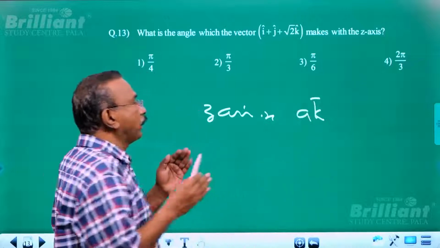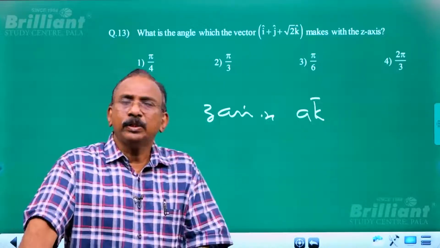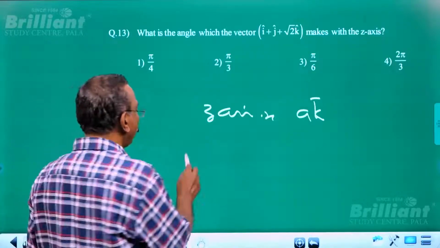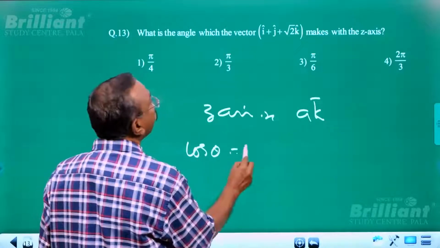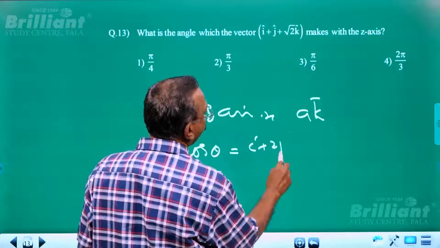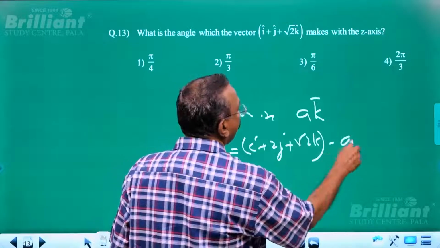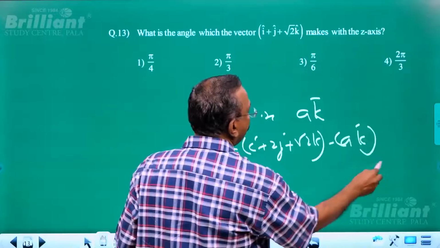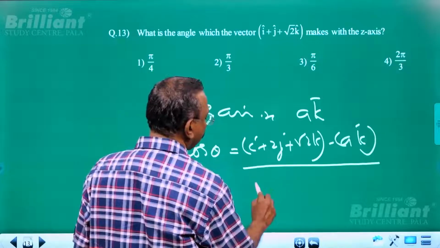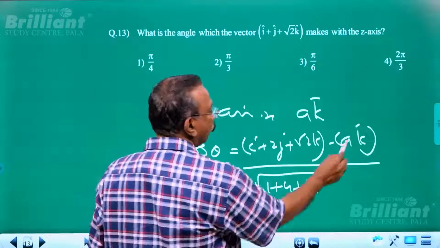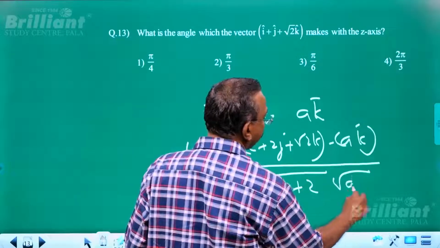So this is a vector along the z axis. You just find the angle between this and a k. So cos theta is equal to (i plus 2j plus root 2k) dot a k, divided by the modulus of this vector, that is root of 1 plus 4 plus 2, and the modulus of a k is root of a square.